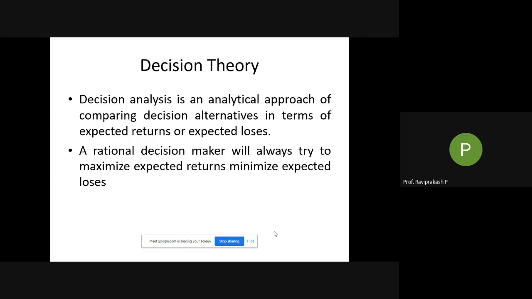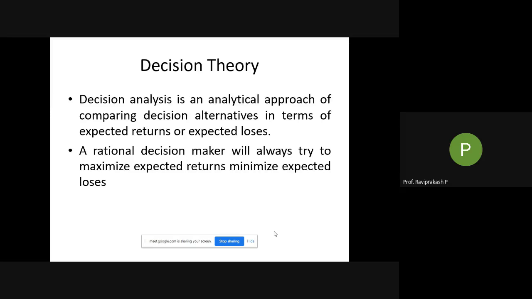For example, if you have put some money in your trading account, or you are trading in the share market, what will be your main motto here? To maximize the profits and minimize the losses. Both could happen. Sometimes it goes into loss, so we have a stop loss put in place.